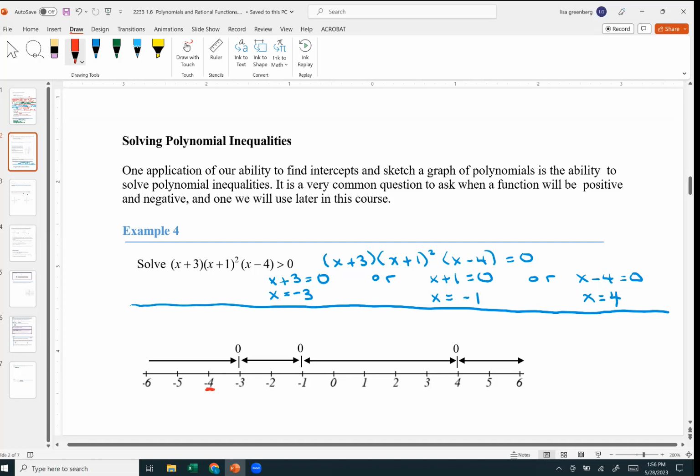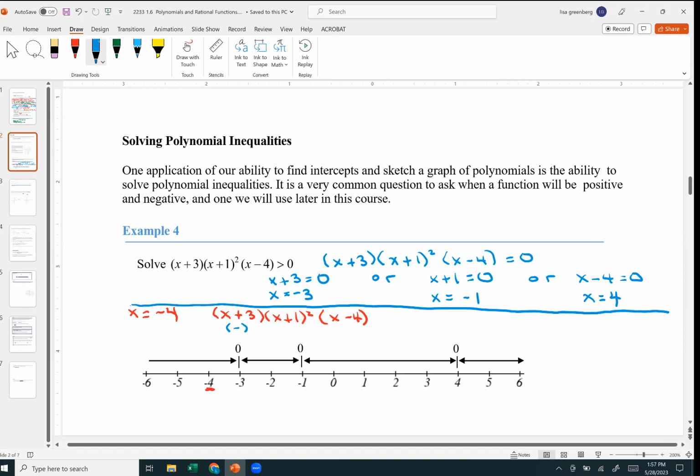Okay. So if I have x equals -4, and I'm going to plug it in to x plus 3 times x plus 1 squared times x minus 4. Well, I don't really care what the value is. I really just want to know if it's positive or negative. So here, when I plug in -4, this becomes a negative number.